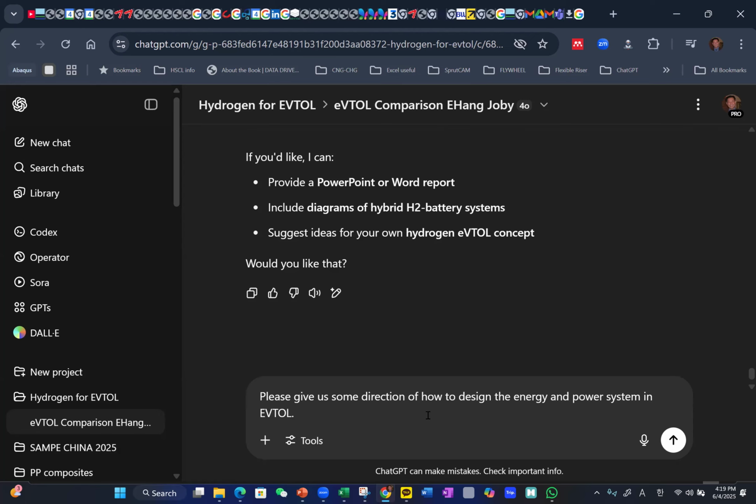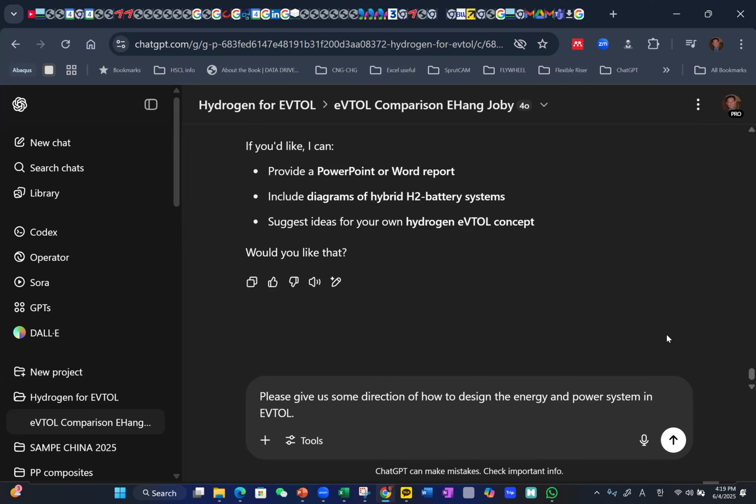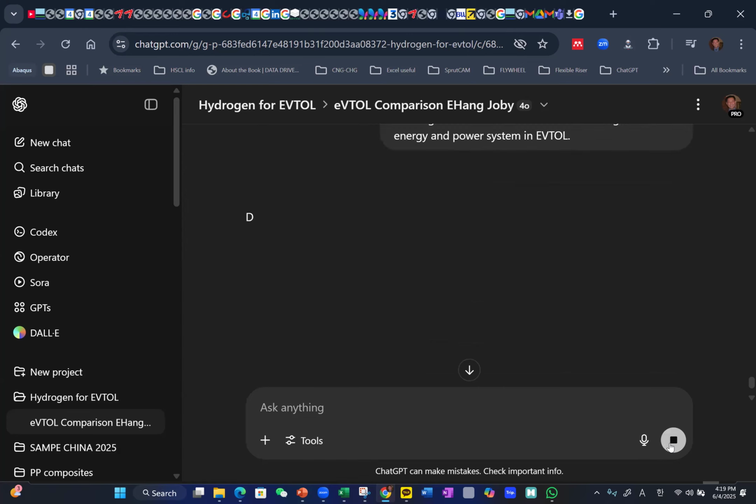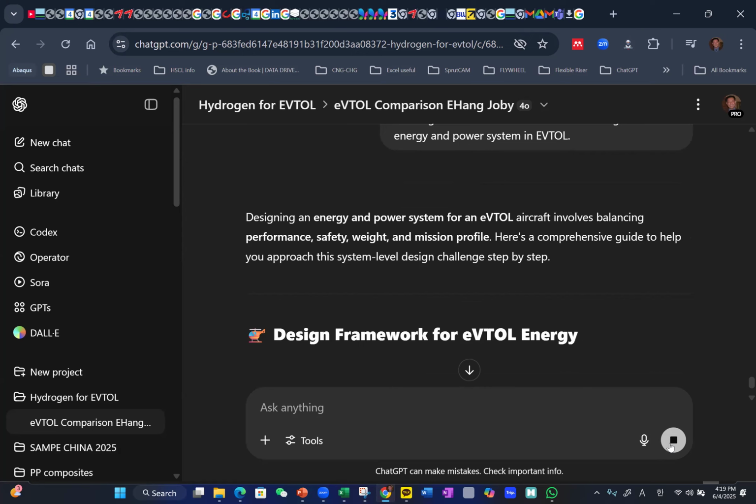This can be a very fundamental question you can ask the AI tools. Please give us some direction on how to design the energy and power system in an eVTOL. Okay, let's see what they are saying. Designing an energy and power system for eVTOL aircraft involves balancing performance, safety, weight, and mission profile.